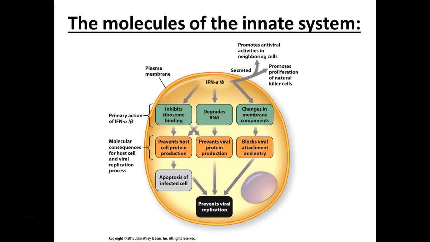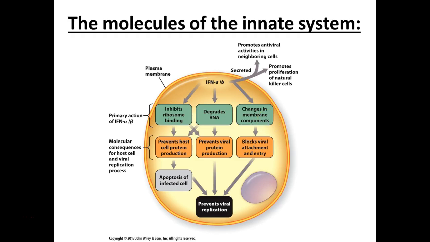The other thing that'll happen, as we saw in that animation, is it will degrade messenger RNA. This prevents the virus from being able to make its proteins from our machinery. It also causes changes in the membrane components of the cell.